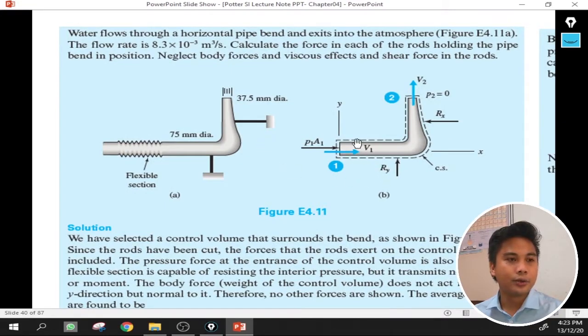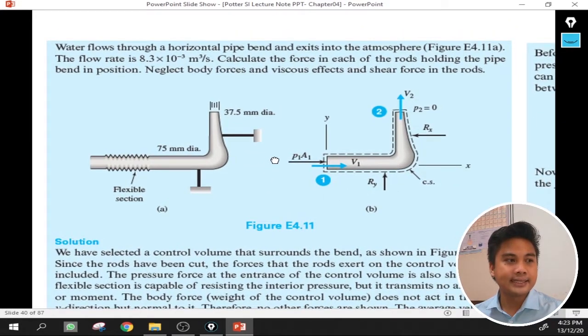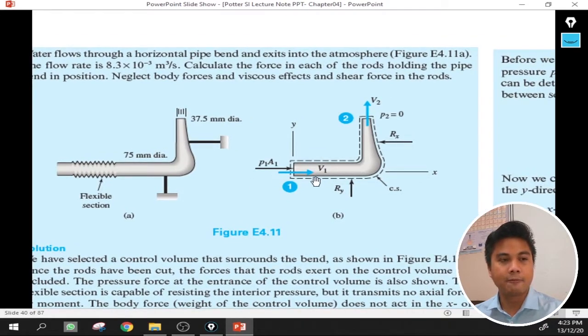For our analysis, it is better to draw the control volume. The dotted line here is the control volume surface. After we draw the control volume surface, we specify point number 1 and point number 2. We have velocity 1 and velocity 2.